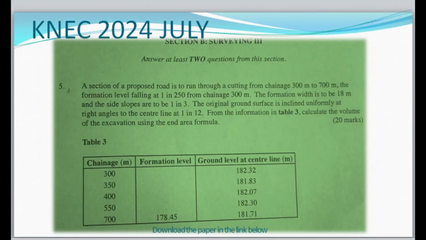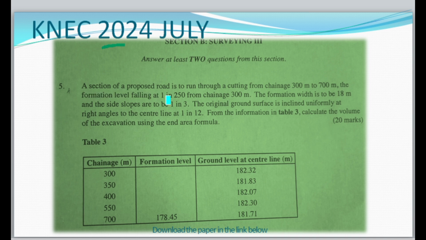So here's the question. The July 2024 series KNEC survey module 3. So here the question goes. This was the first question provided, a full 20-mark question.